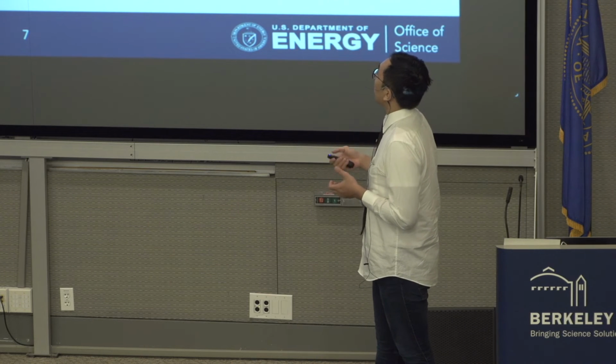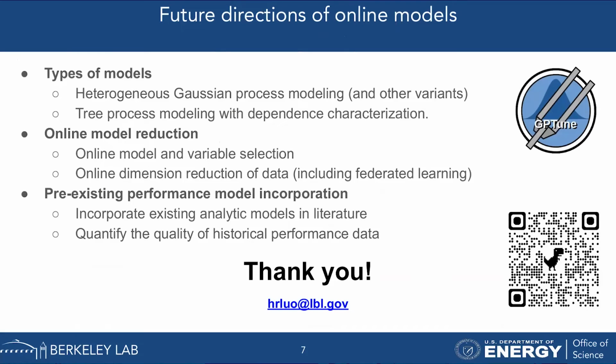As for future work, we're considering introducing heterogeneous Gaussian process modeling for handling heterogeneous noise across different configurations. We're also considering tree processes for less smooth modeling of the surrogate. Online model reduction is another direction.